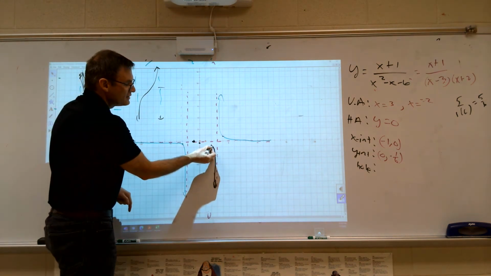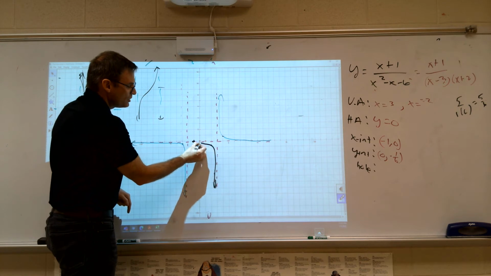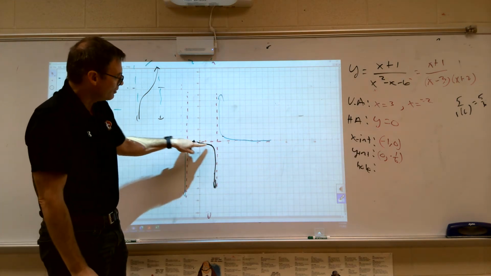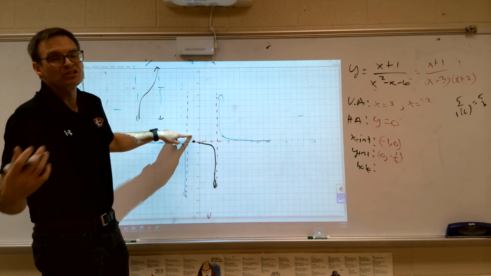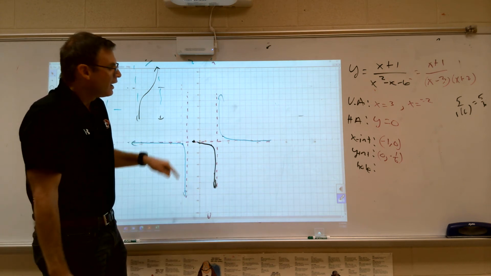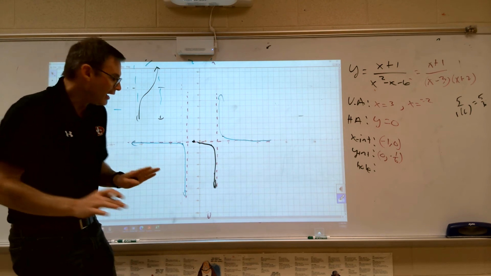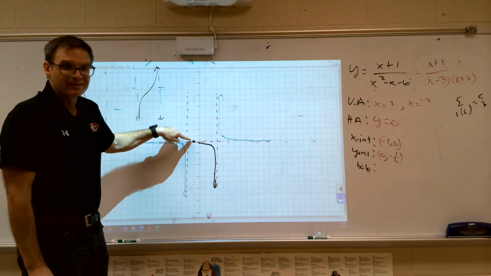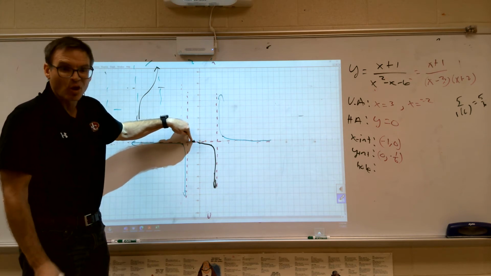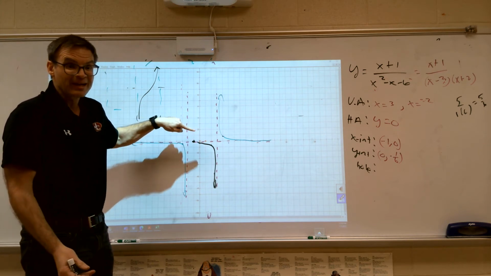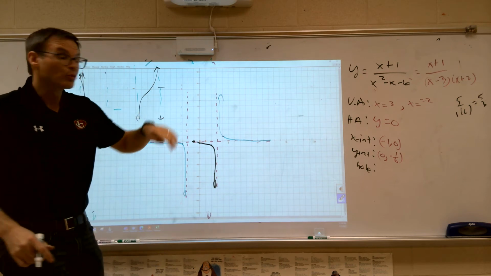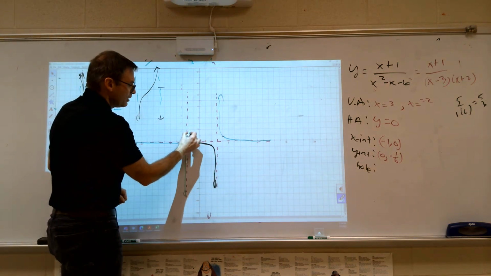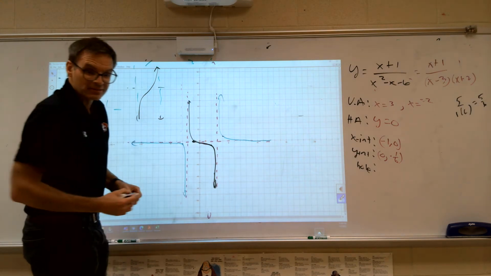And what I can see as this goes down, this goes here, and a lot of times you'll get a dot down here, and then you'll get a dot up here, and then it's very obvious what's happening. This one's not as obvious, but typically whenever your dot is on the horizontal asymptote, that means that the graph is going to go through it, which means if I connect these dots and it's an S-shape, it's going to look something like this.